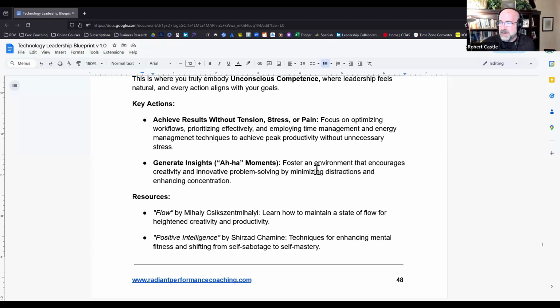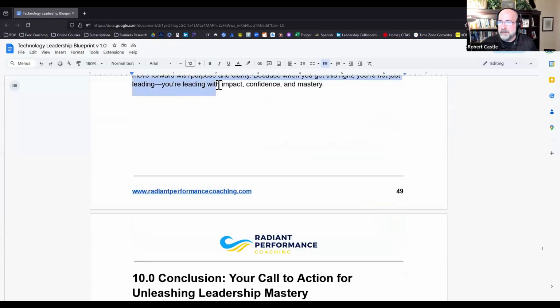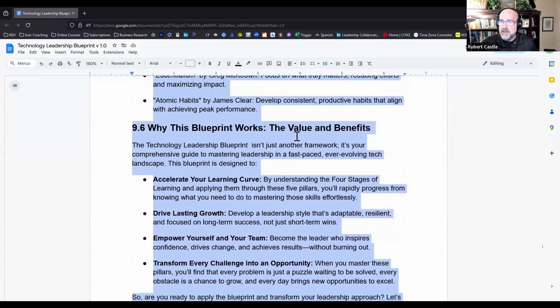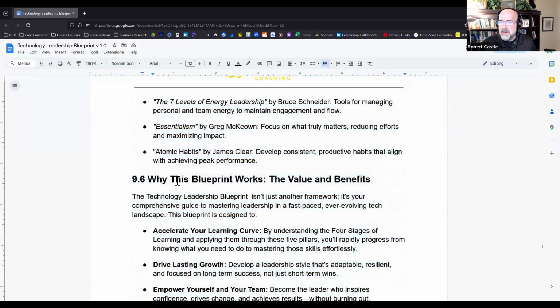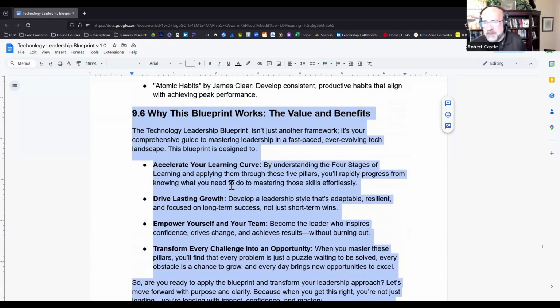Generate insights, foster an environment that encourages creativity and innovative problem solving by minimizing distractions and enhancing concentration. A number of resources I recommend.